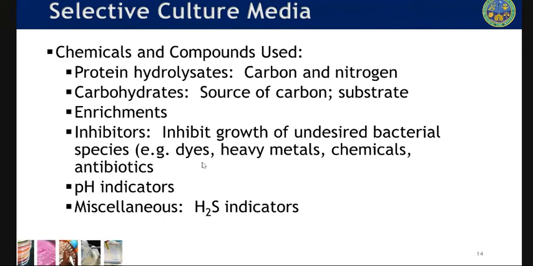It includes also an H2S indicator, including also your sulfide indole motility agar. They have your H2S indicator. So those are the main components that may play a role in a certain differential selective media for the family Enterobacteriaceae.